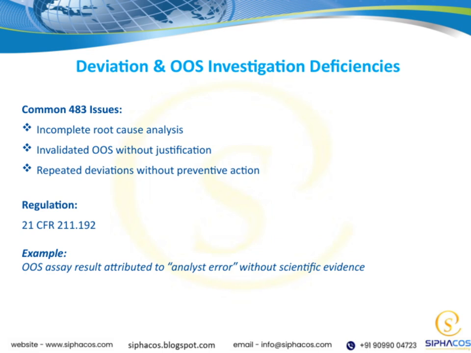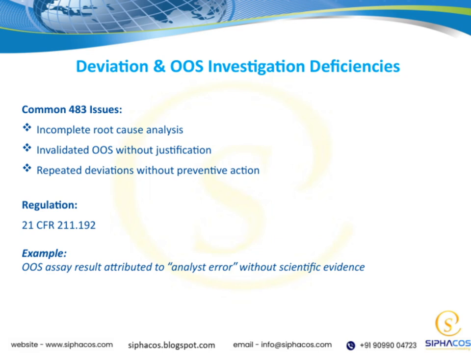Another frequent problem is invalidated OOS results without proper justification. Sometimes, results are dismissed or invalidated without solid scientific reasoning, which can undermine the integrity of the investigation. We also see repeated deviations without taking preventive actions. This suggests that the root issues are not being addressed, leading to recurring problems that could impact product quality and compliance.